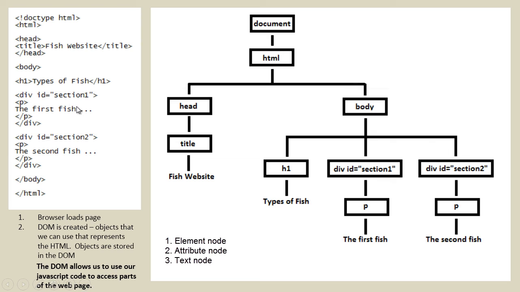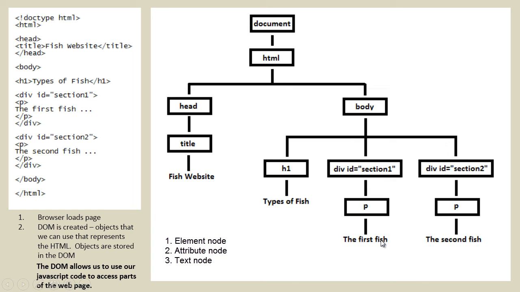So again, that relates to hierarchy. If we take a look at this div section 1, the element node is the div tag, and everything's contained in there, right? We have the opening tag and the closing tag. That represents the element node. Then we have the attribute right here, inside this div tag. That's the attribute node. Below that, we have another element node, which is the paragraph node.